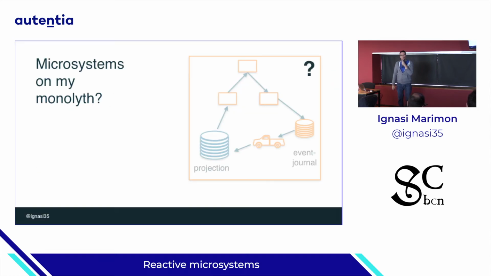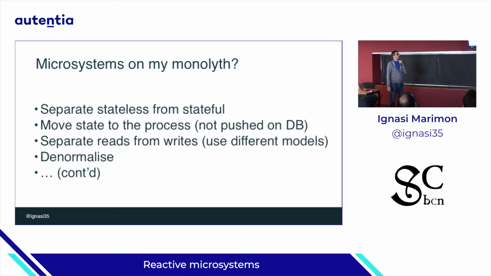Okay? So the question is, how can I take some of these learnings back into my monolith, which was one of the main purposes of this talk? You can start separating stateless from stateful and use stateful on some areas that you think would benefit from moving the database back into memory.